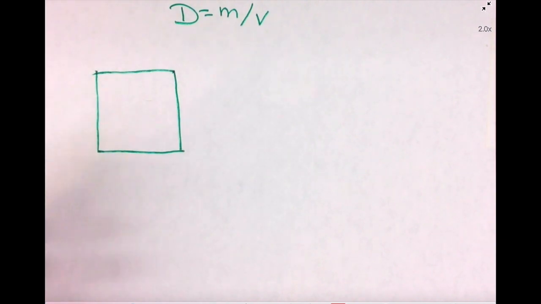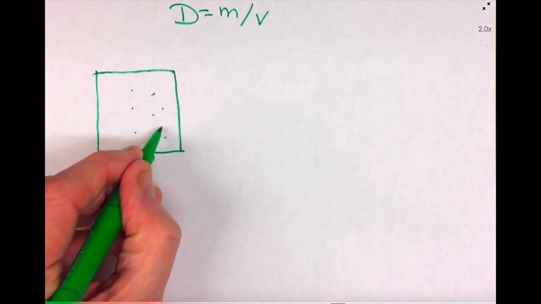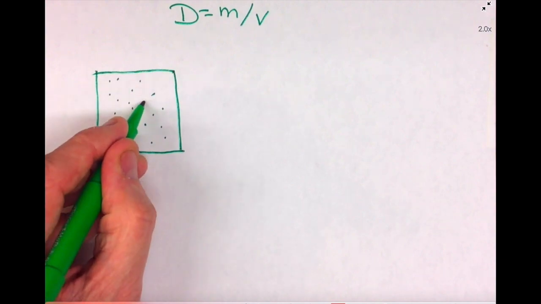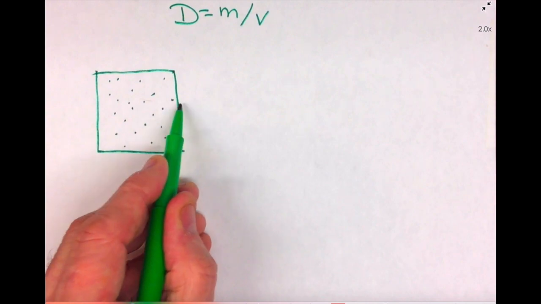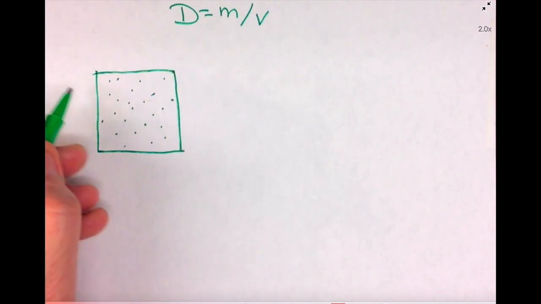And this box has air in it, and the air molecules are sort of spaced out evenly. And the air pressure, what it amounts to is, since they're flying around and bumping into each other, they're also bumping into the inside surface of the box, and that's the outward air pressure, right?